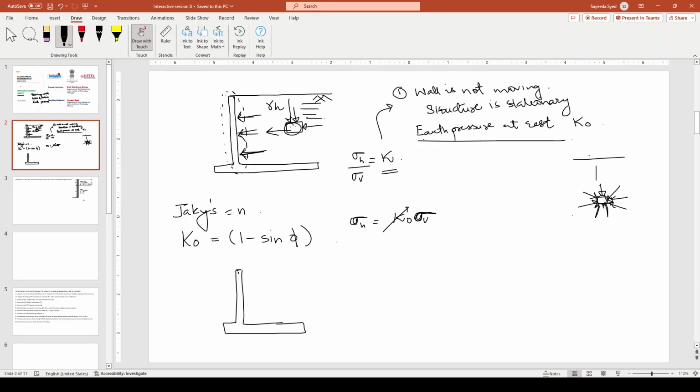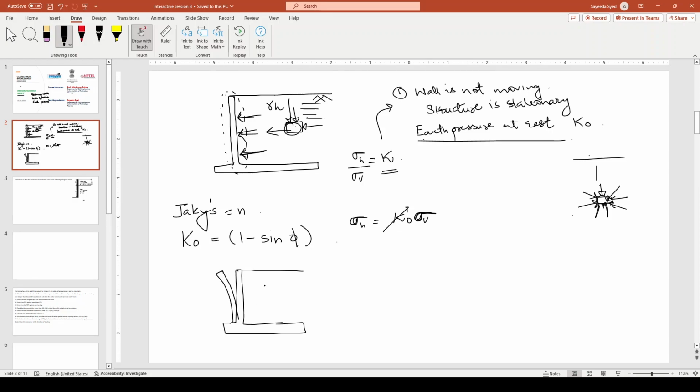It can move here or here. For example, let me give you an example. I have a backfill here and no support here. And if my wall is not that rigid, it's going to move like this.